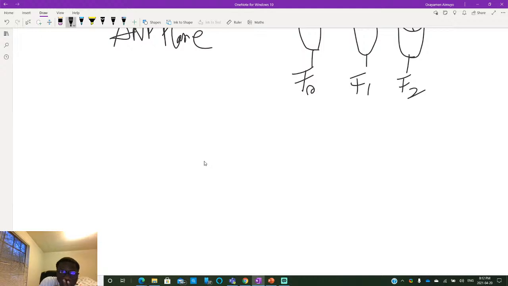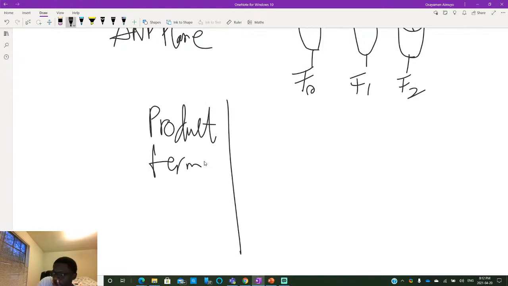So if you're drawing the quote unquote truth table for the PLA, it's something of the like.